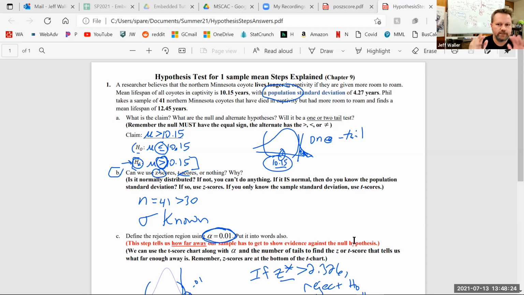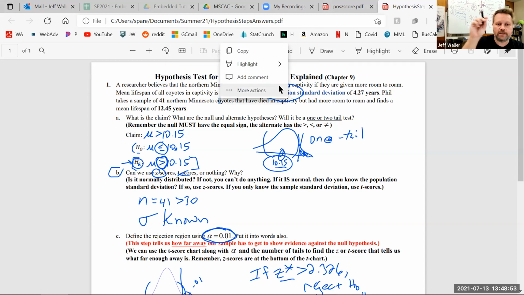So let's remember what we've done so far. The first thing you pretty much always do is find the claim. What is somebody wanting to test? What is somebody saying is true? They don't always use the word claim. What kind of word do I use here? A researcher believes. Okay, so the next part of that sentence is going to be the claim.